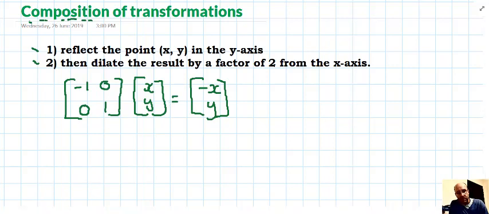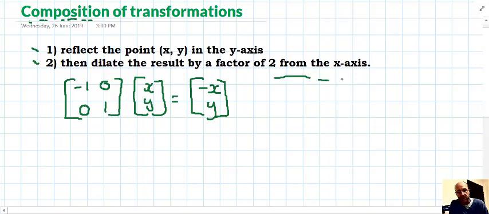Let's then dilate that result by a factor of 2 from the x-axis. When it says from the x-axis, remember it heads in the y direction. So we need to put the transformation matrix for part 2 then. I'm just going to write "then" so we can keep up with what's going on.